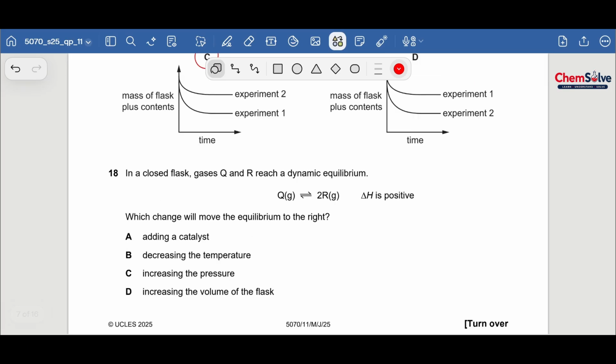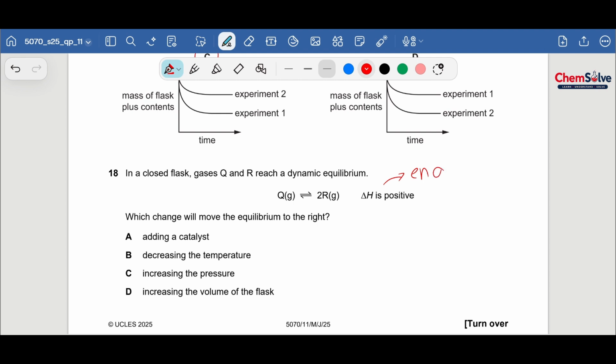Okay, question number 18. In a closed flask, gases Q and R reach dynamic equilibrium. The equation is written here, and delta H is positive, so it is an endothermic reaction. Which change will move the equilibrium to the right?